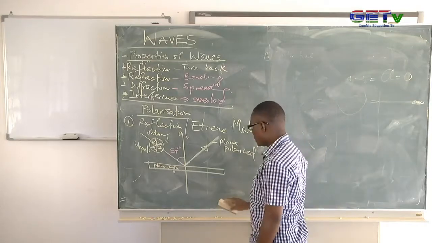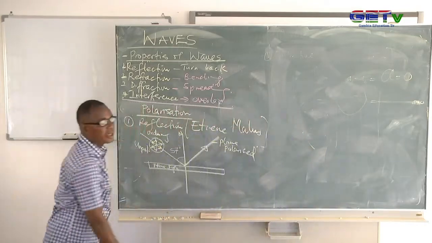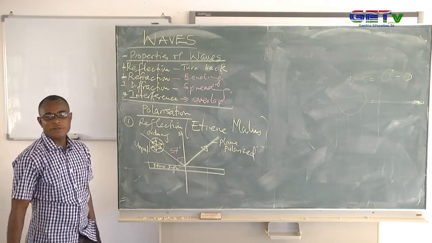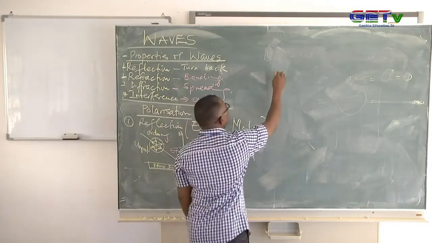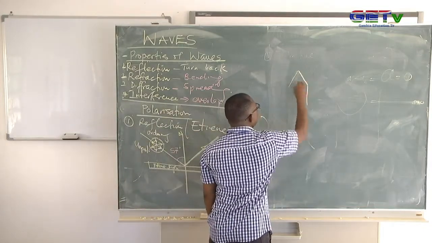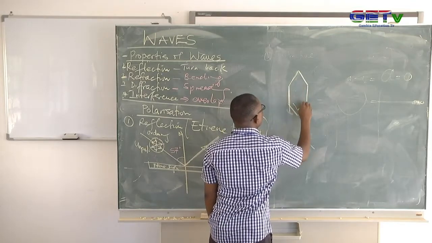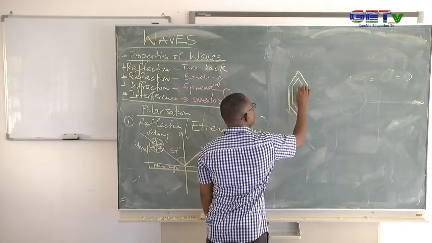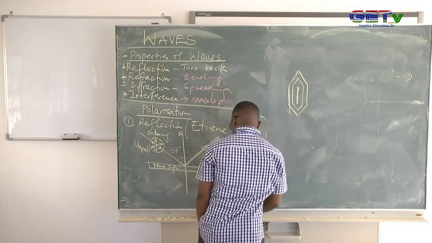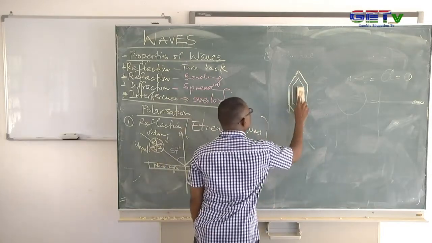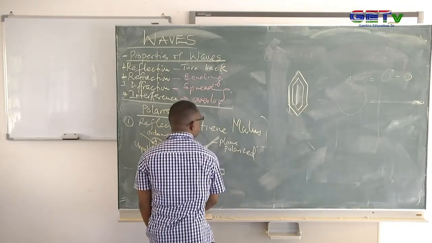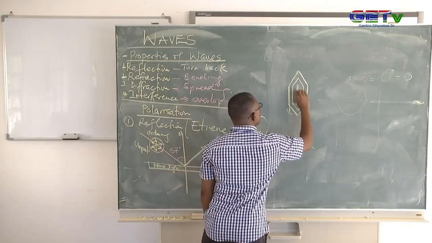Now we have the second type of polarization. We said polarization by using Polaroids. This is the common type we have. Let's say I have a Polaroid here. This Polaroid only allows light to move in one plane. Let me give you another color for that plane. You see this red somewhere here.